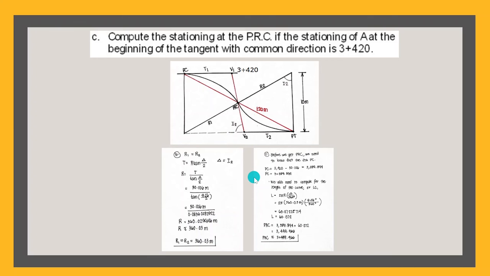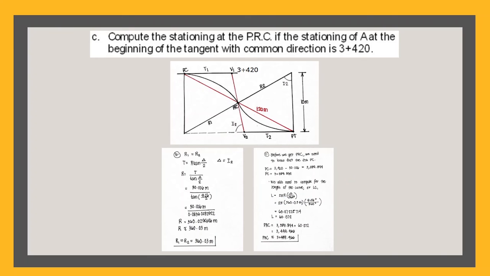We also need to compute for the length of the curve. So this one is the formula for the length of the curve, which is equal to 2 pi times 30.3 times 9.56 all over 360 degrees, which is equal to 60.072.